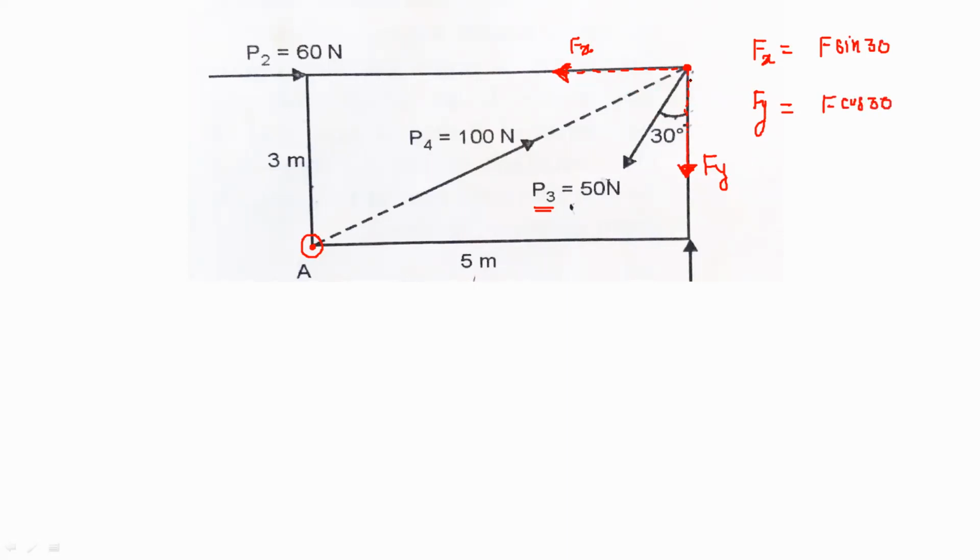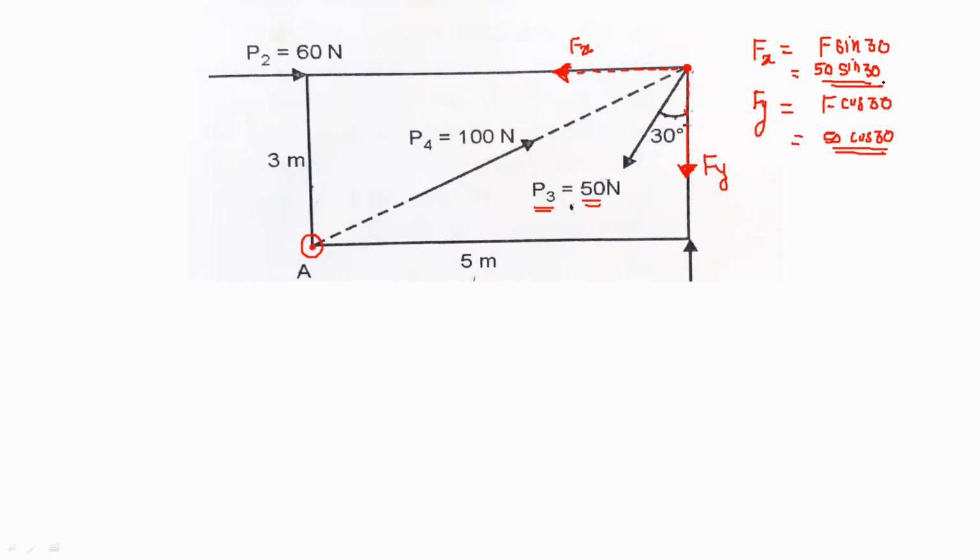So the y component is the adjacent component to the given angle. Okay, so what is the meaning of F? F is the resultant force. It is given as P3, that is equal to 50 Newton. So I will write here this is 50 sine 30, and this is equal to 50 cos 30.